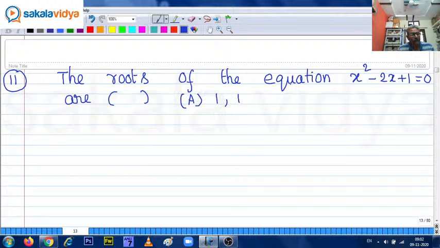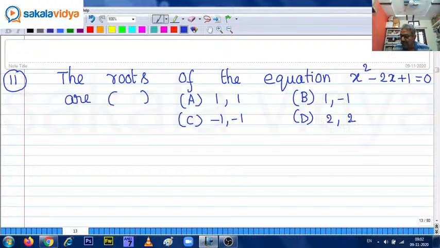Option A, 1 comma 1. B, 1 comma minus 1. Option C, minus 1 comma minus 1. D, 2 comma 2. The roots of this equation we need to write.